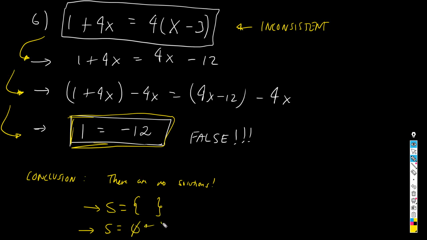This symbol is known as the empty set, which is a set that has no elements, right? It's got nothing inside, just like this empty box. Why? Because no value of x, when you put it right there and right there, can satisfy the equation, because it's inconsistent.